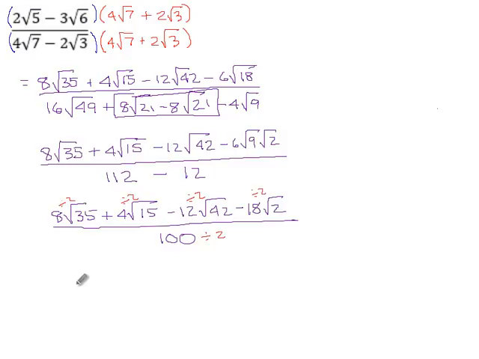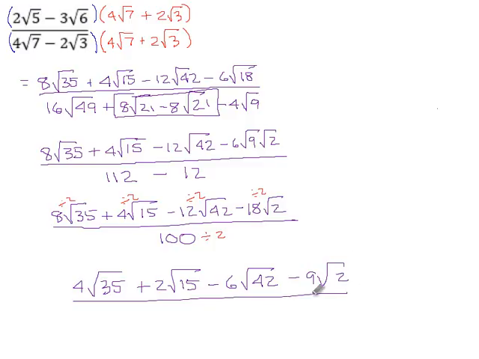And after that, this still isn't going to look wonderful, but it'll look a little bit better. We'll be able to say that we did all we could. Minus 6 root 42 minus 9 root 2 all over 50. And that, I believe, is the best we can do with this.